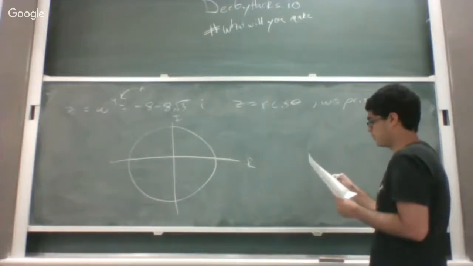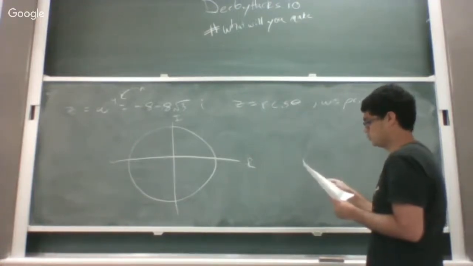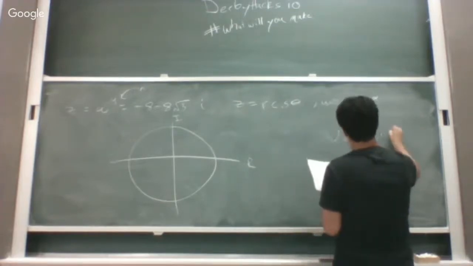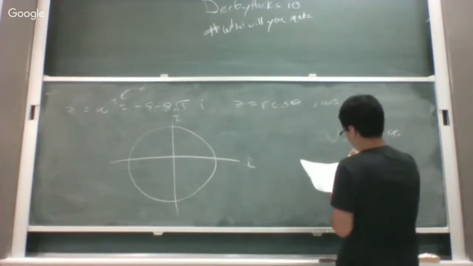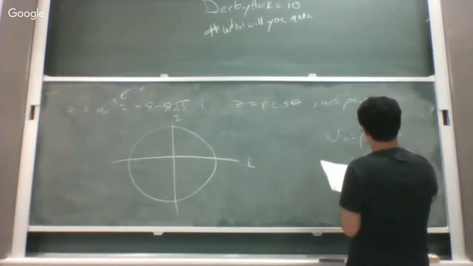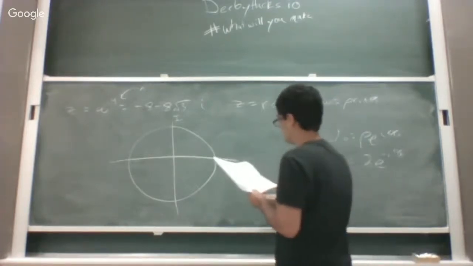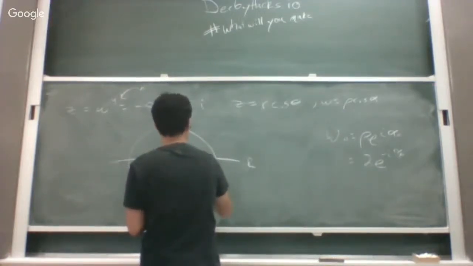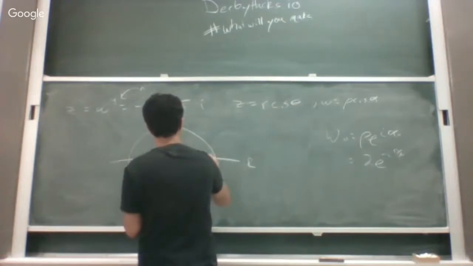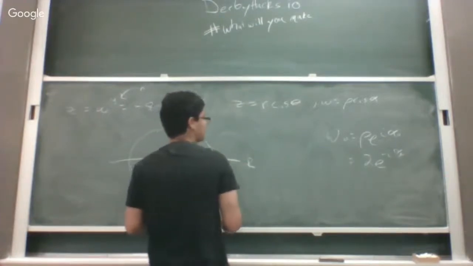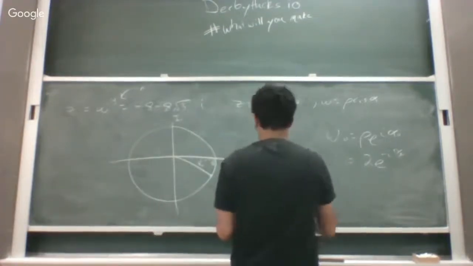The angle that we found, when k equals 0, was negative pi over 6, or alpha.